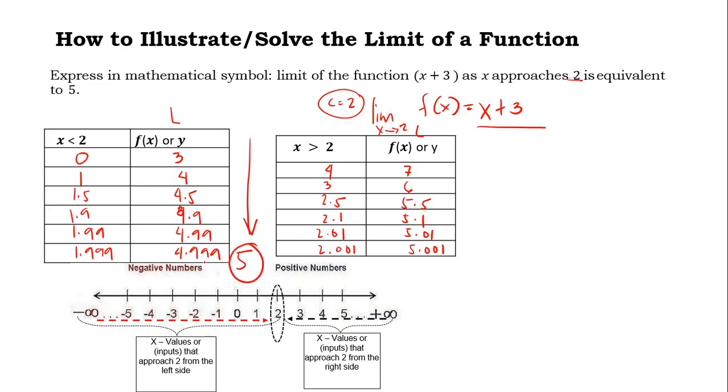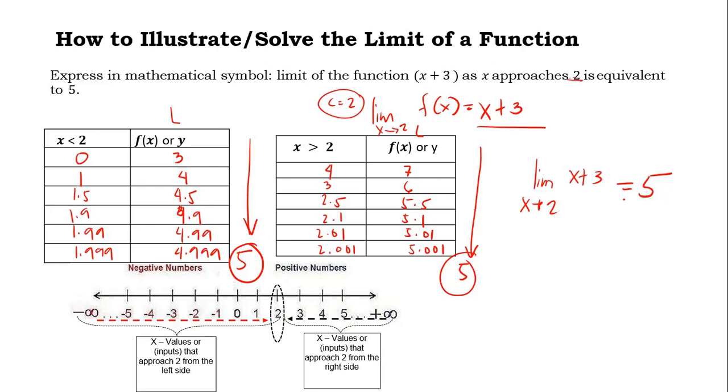Doesn't it approach 5? If you add more digits, like 1.99999, its f of x is 4.9999. In the right side values, where does it approach? We have 5. Meaning to say, our limit of x plus 3 as x approaches 2 is equal to 5.